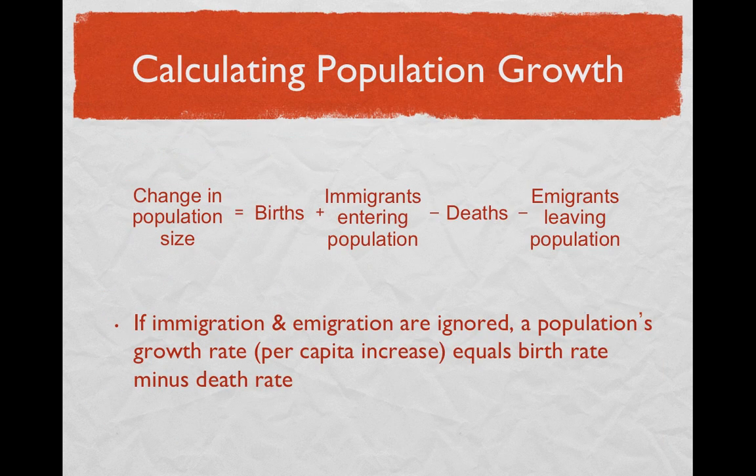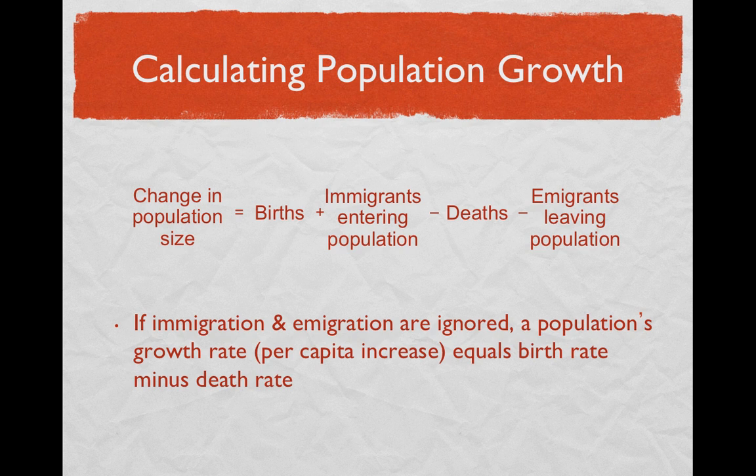So if they're not going to stay there, how can we start to talk about calculating population growth? Well, we can look at a very simple equation where we've got your change in population size, and we're taking the number of births plus the number of immigrants coming in, adding those up, and then subtracting the number of deaths plus your emigrants that are leaving, and that's going to give us that dynamic change, or your per capita increase.